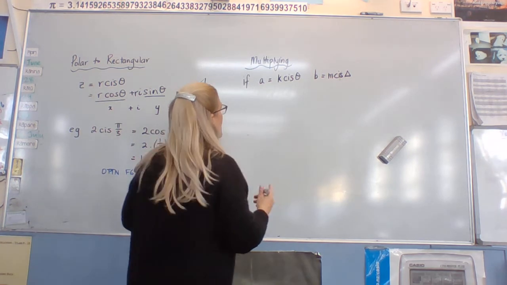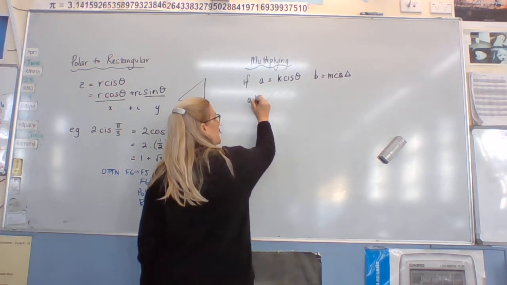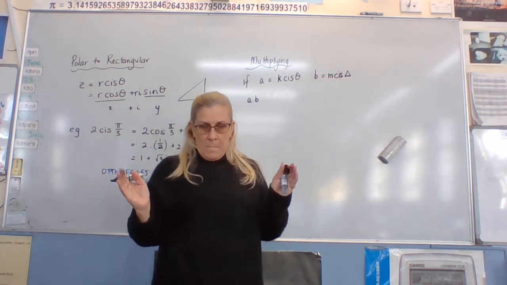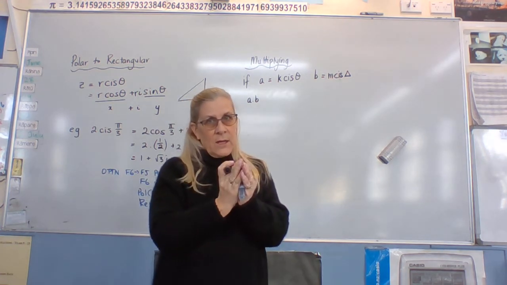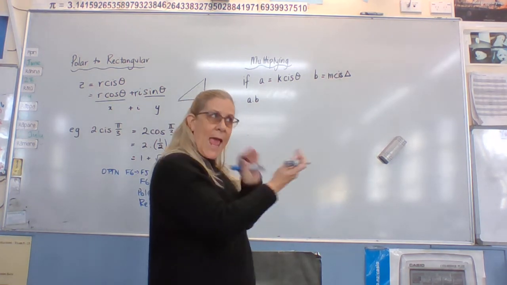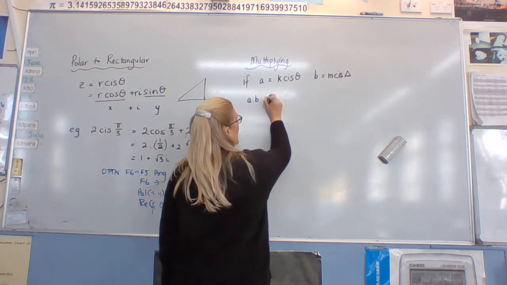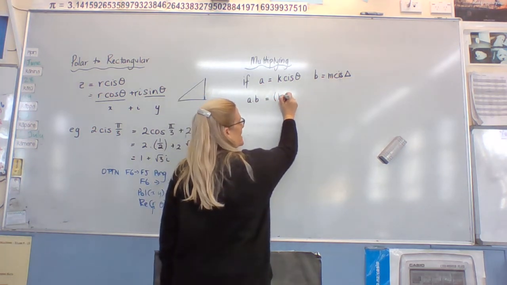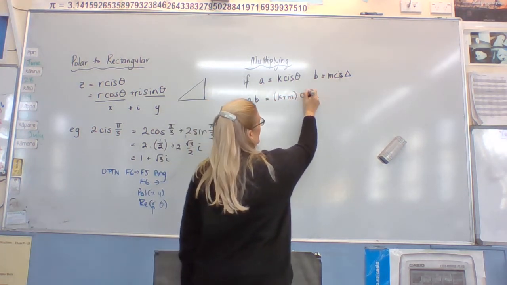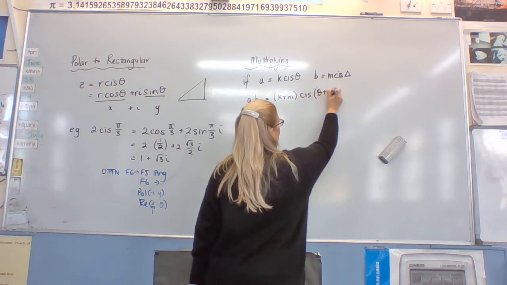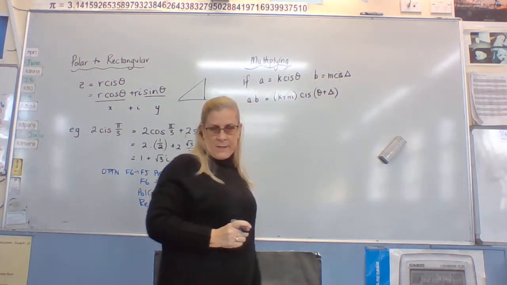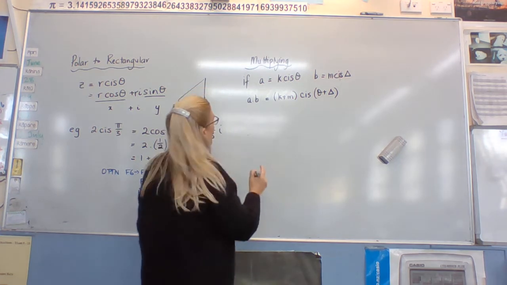So when we're multiplying them, A times B, what we do is we multiply the moduluses and add the arguments. So it becomes k times m cis theta plus delta.